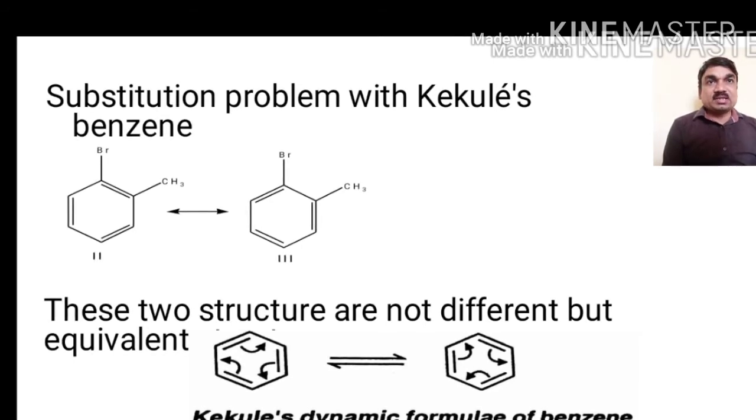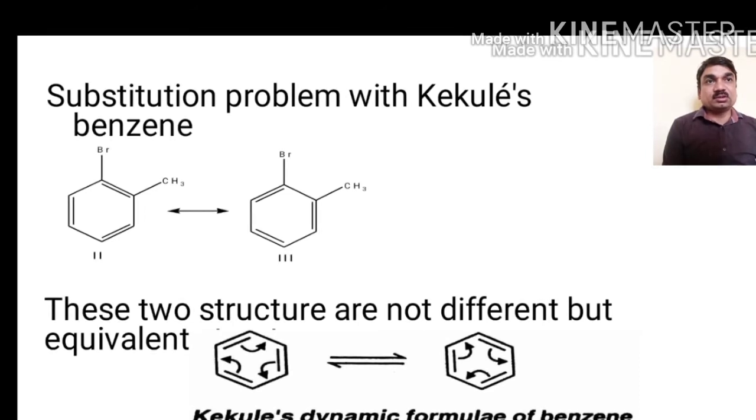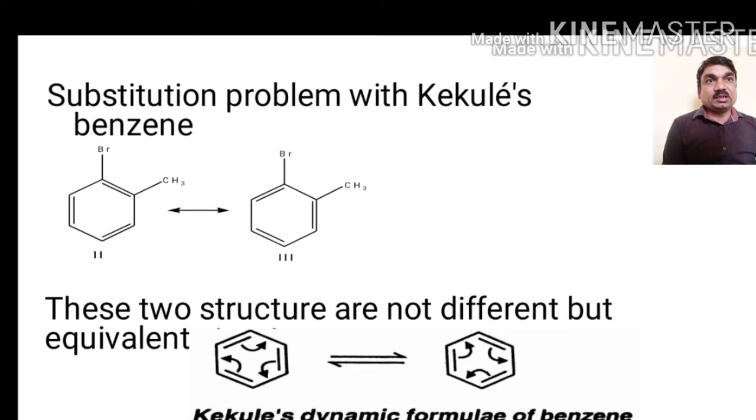Resonating structure of benzene. In view of this, Kekulé proposed a second structure for benzene. Like the first structure, the second structure also has a six-membered carbon ring containing three single bonds and three double bonds, but in this structure the single bonds and double bonds change places.